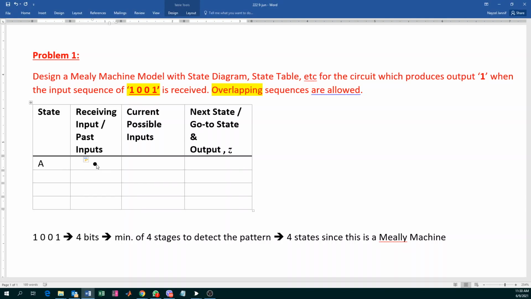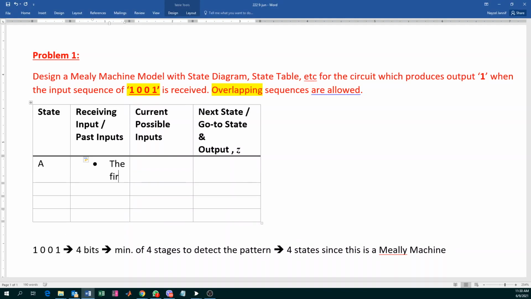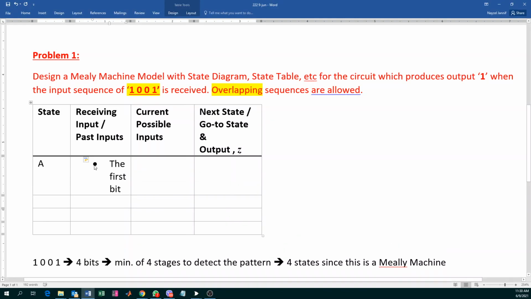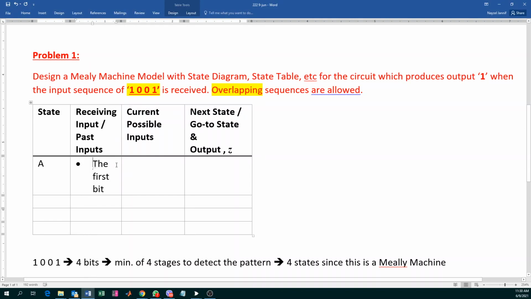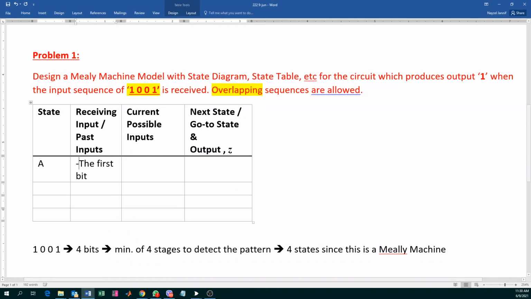This is the first bit. What else can we say about here?